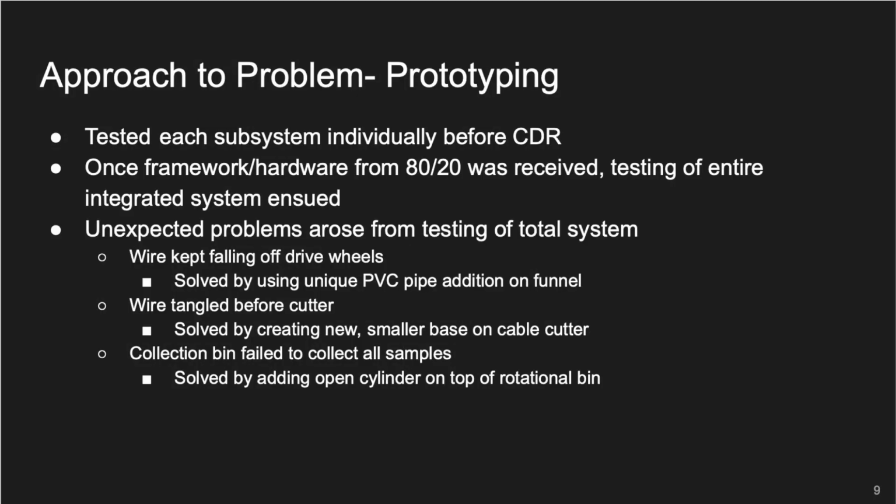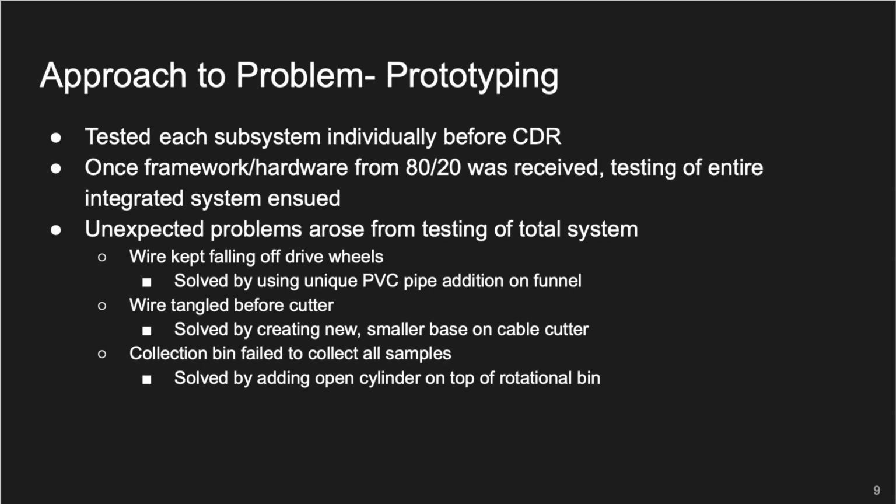So, our system approach to prototyping was that we wanted to test each subsystem individually even before the 80/20 parts were received. So the motors and the cutter were both tested in the EC lab without any structure to them. And then once we had the 80/20 in, some unexpected problems arose from testing the total system together. The wire kept on falling off the drive wheels.